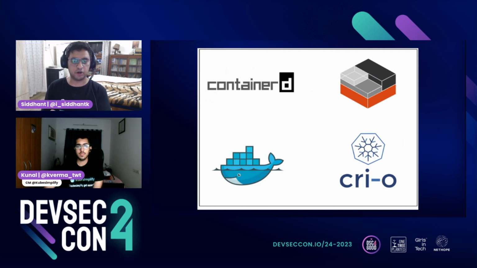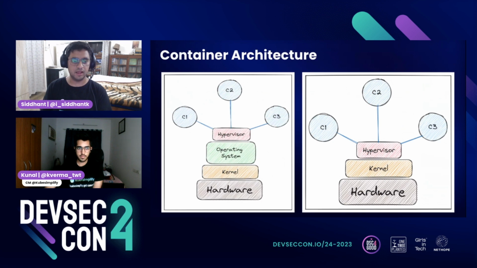But apart from Docker, we also have other options such as Containerd, which is essentially a lower level version of Docker. Docker pretty much uses Containerd to create the containers. Then we also have LXC, which is Linux specific containers, and we have CRI-O, which is containers for a Kubernetes environment.